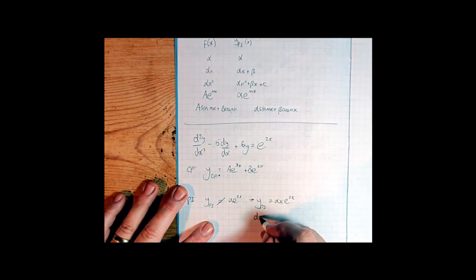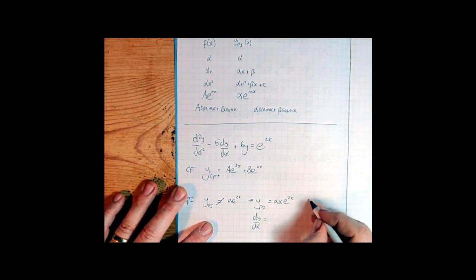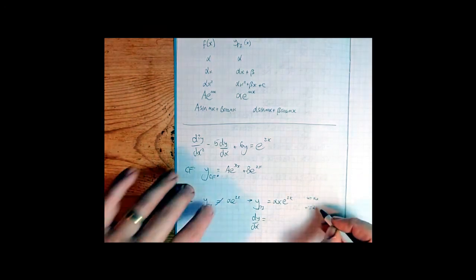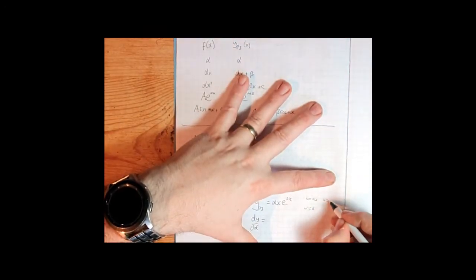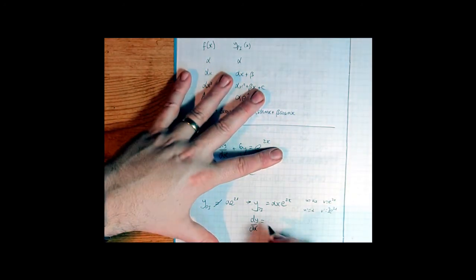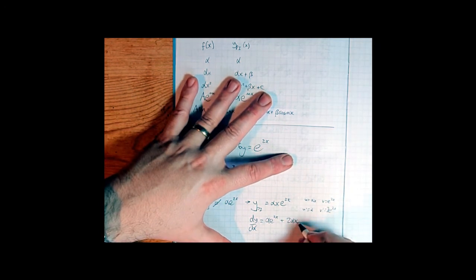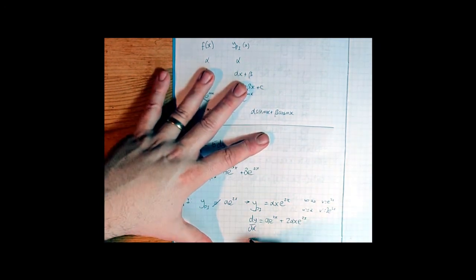So let's differentiate. Well, this would be the chain rule, the product rule. So u is alpha x, u dash is alpha, v is e to the 2x, v dash is 2e to the 2x, so it's going to be u dash v, alpha e to the 2x, plus uv dash, 2 alpha x e to the 2x.